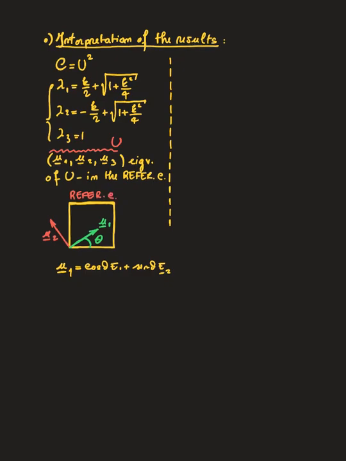But since we want to look at the current configuration, and this is the exercise contained in the assignment, you rather have to look not at C, but at B. And what is B? B is V squared. And if you remember, B is equal to F F transpose.